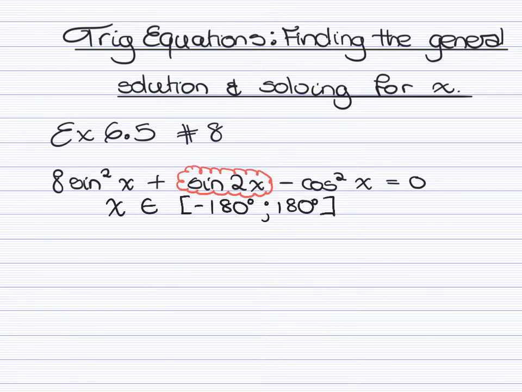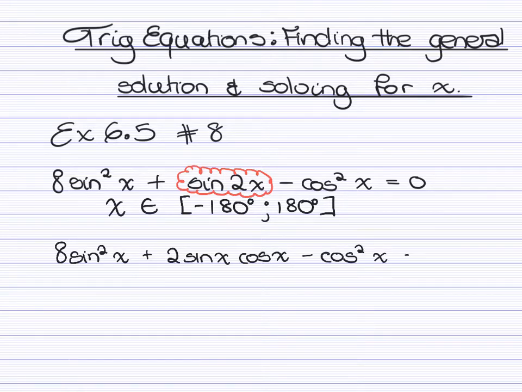This represents one of our double angle formulas, and immediately we can rewrite our question so that it reads as follows. 8 sine squared x plus 2 sine x cos x minus cos squared x being equal to 0.